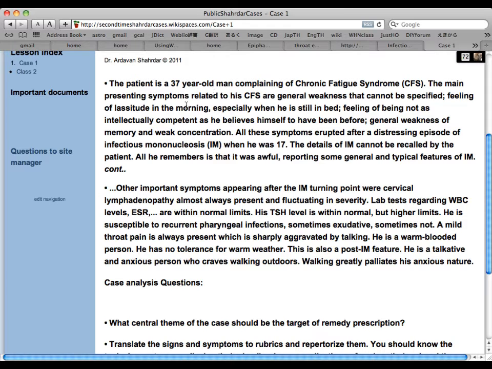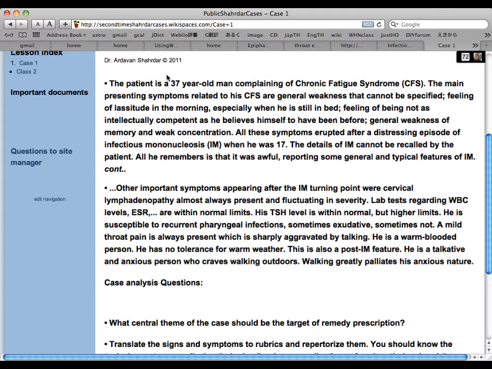The main presenting symptoms related to his CFS are general weakness that cannot be specified, feeling of lassitude in the morning, especially when he is still in bed, feeling of not being as intellectually competent as he believes himself to have been before, general weakness of memory and weak concentration. All these symptoms erupted after a distressing episode of infectious mononucleosis, IM, when he was 17 years old.